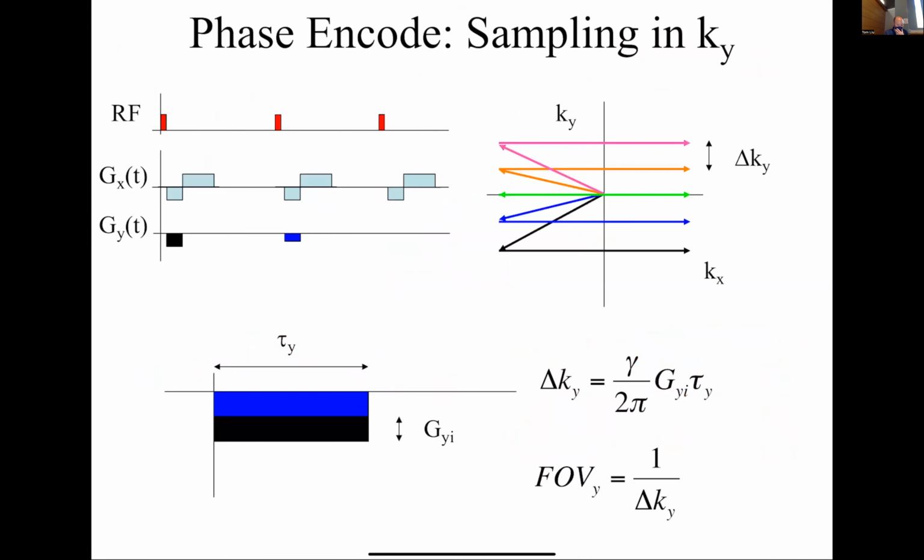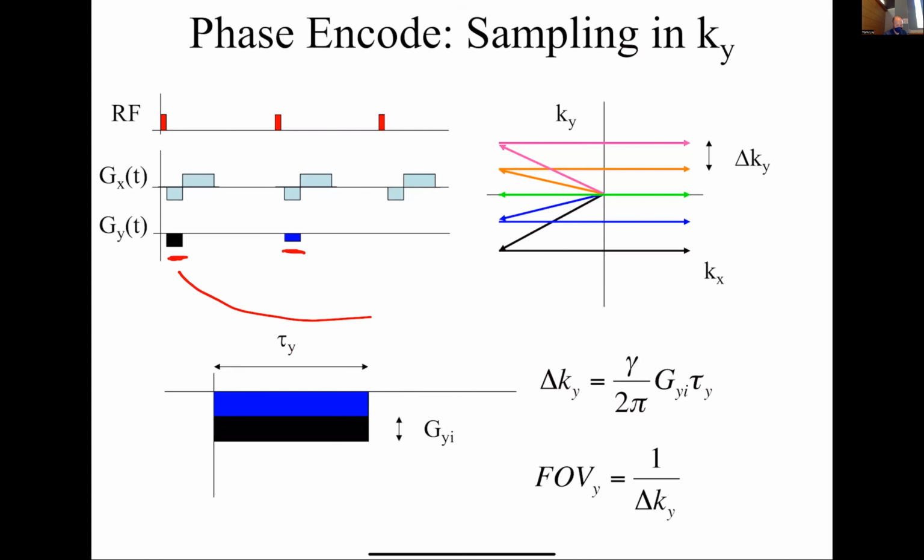The next thing we want to talk about is phase encode, the sampling in our delta ky. Remember, we vary the amplitude of this from shot to shot. So we go out to one point in ky, and the next time we go out to another point.